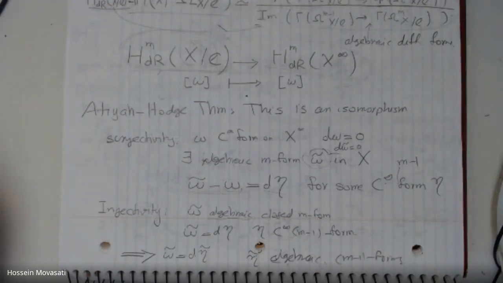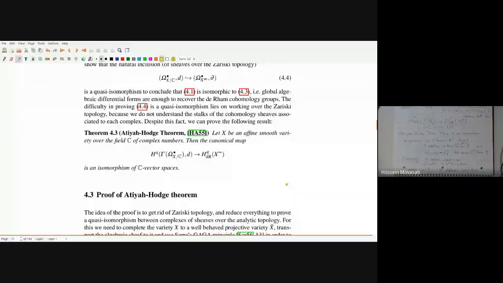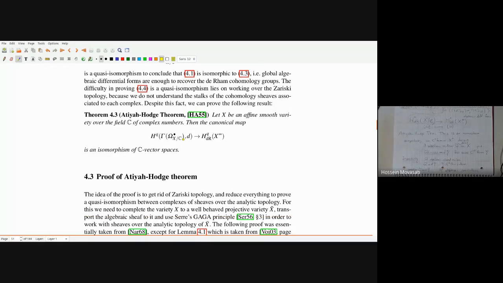Okay. Okay. So this is the Atiyah-Hodge theorem that we talked right now.